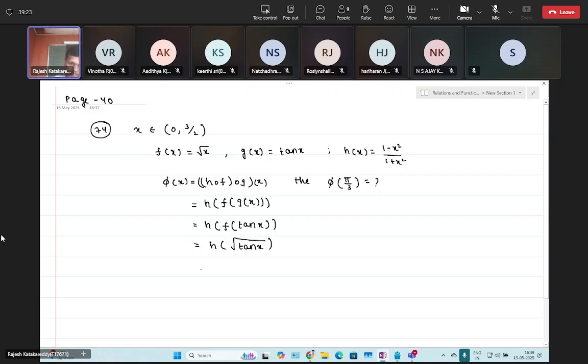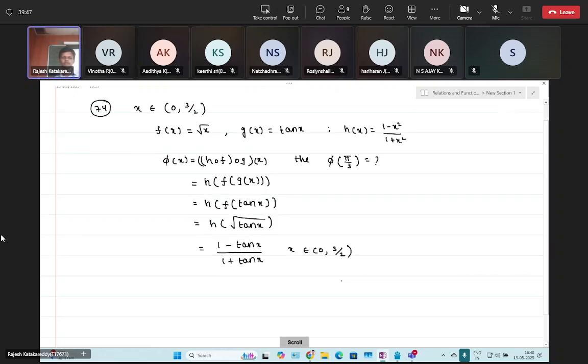Now h of x is given. How much is this one? We get 1 minus tan x divided by 1 plus tan x. Even though I'm cancelling square and square root, I'm not writing modulus because x belongs to 0 to 3 by 2. 3 by 2 is 1.5. That is less than pi by 2, in quadrant 1. Clear.